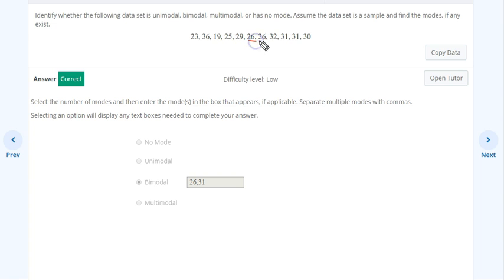All right, now we have two of those. And I see we have 2 of 31. So this would be bimodal, and you list the items of data.